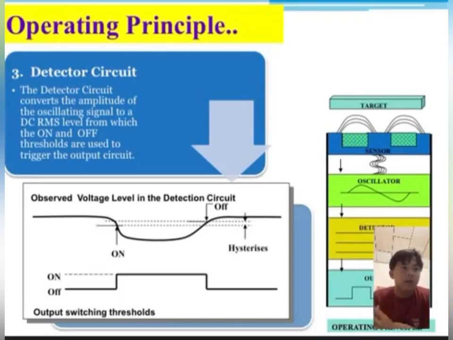We observe the voltage level in the detection circuit. If the voltage level reaches a certain level, it will turn on, or either one, it will turn off or turn on. It depends on the voltage level that comes inside the circuit.